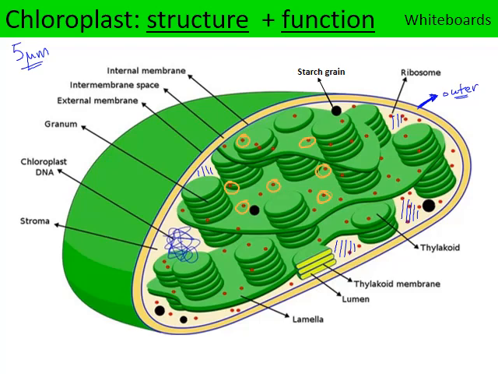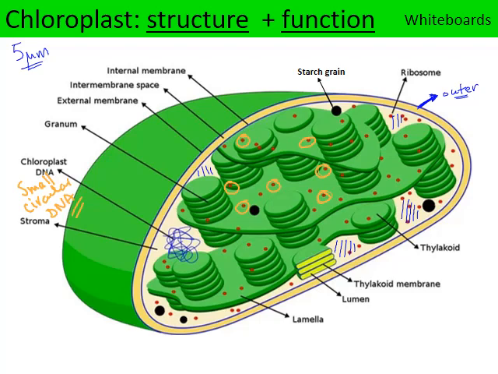So if a chloroplast has its own 70S ribosomes to make proteins by translation, where does the mRNA come from? Well, we can see there is small circular DNA inside a chloroplast.